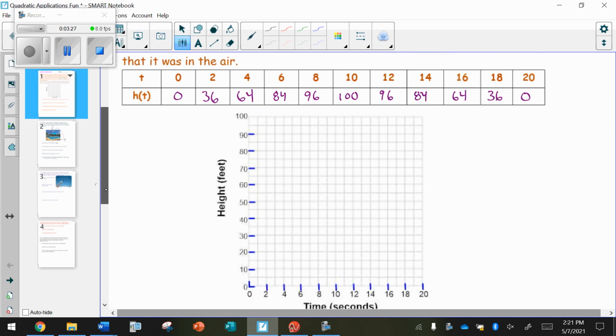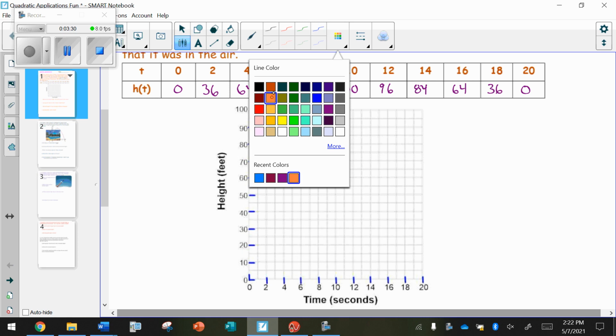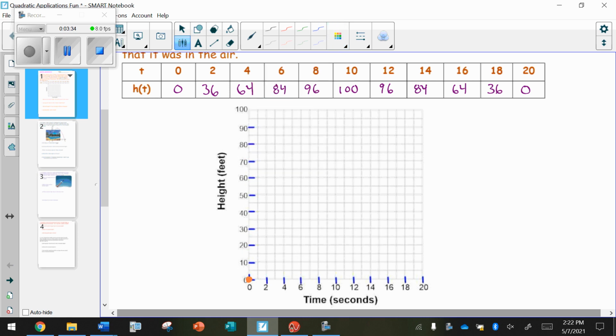All right, so now let's plot the dots. So 0, 0, 2, 36, 4, 64, 6, 84, 8, 96, 10 is 100, and then 96, oops, 80, 84.